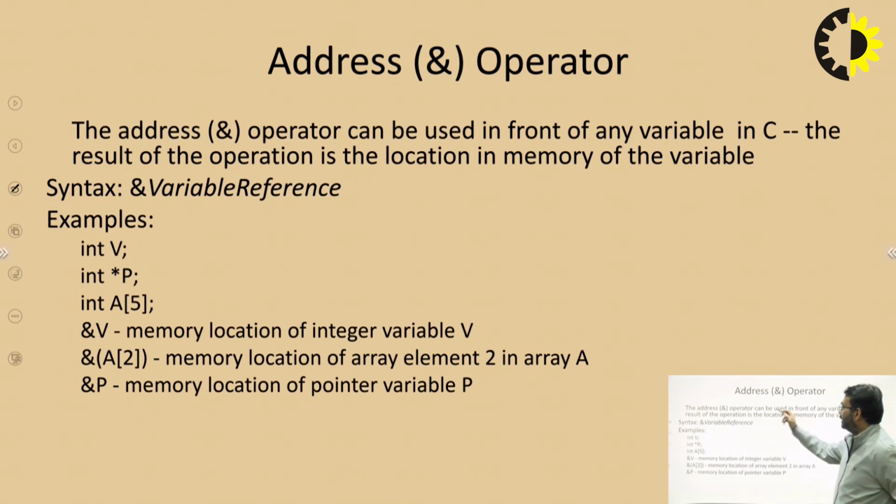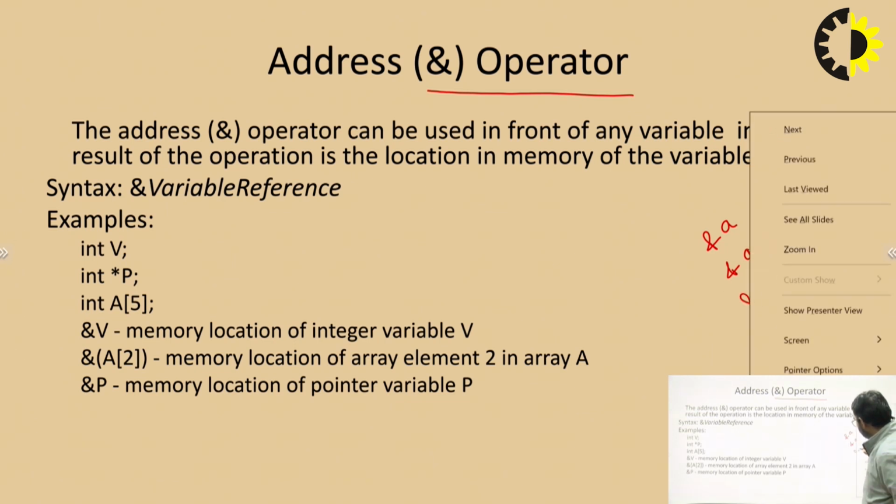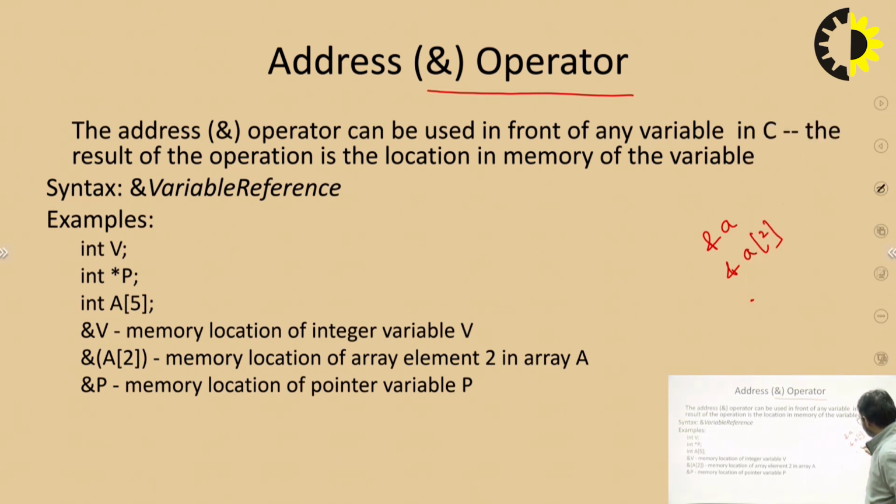Now, what do we mean by the address operator? Whenever we put the address symbol, the operator, against any variable name, against any array index, against any pointer, it will generate the address of that variable.